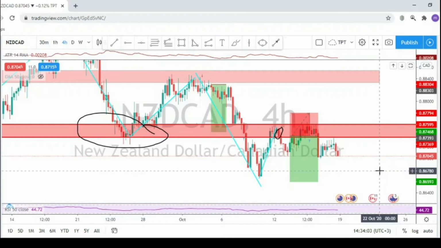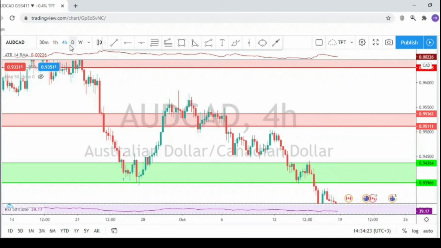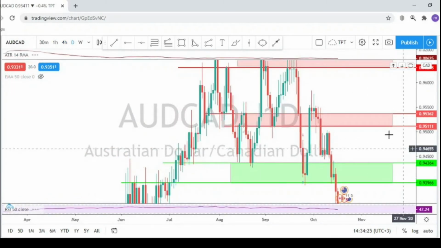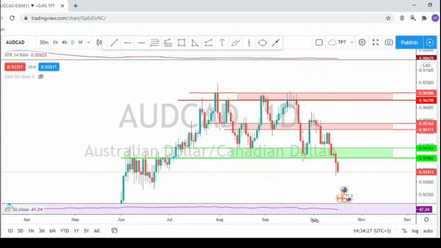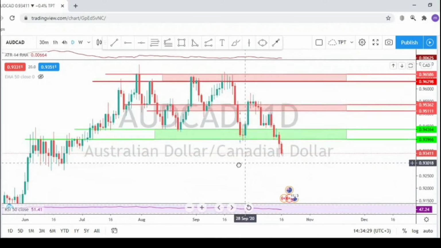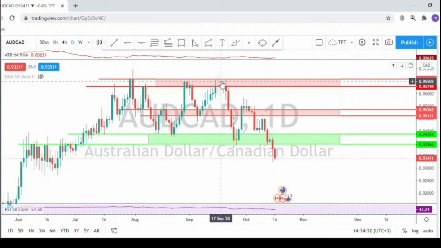Now I'm going to explain to you the analysis behind my predictions for next week. And my first currency pair is Aussie Canadian. On Aussie Canadian, let's go to a daily time frame. And on this daily time frame, what do you think is the trend of this currency pair?